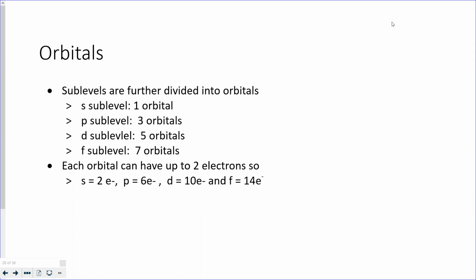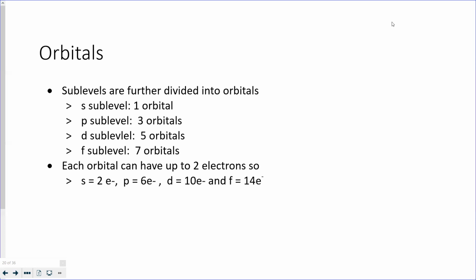A P sublevel has three orbitals. So remember I said that kind of dumbbell or peanut shape can rotate around the different axes. So there can be three different dumbbells or peanuts around that axis, where you can have one that's up and down, one side to side, and one going front to back.